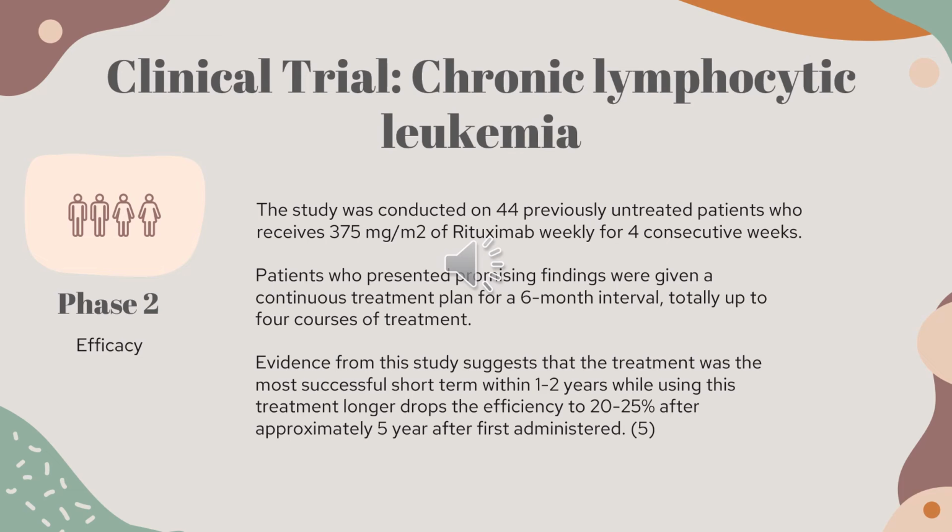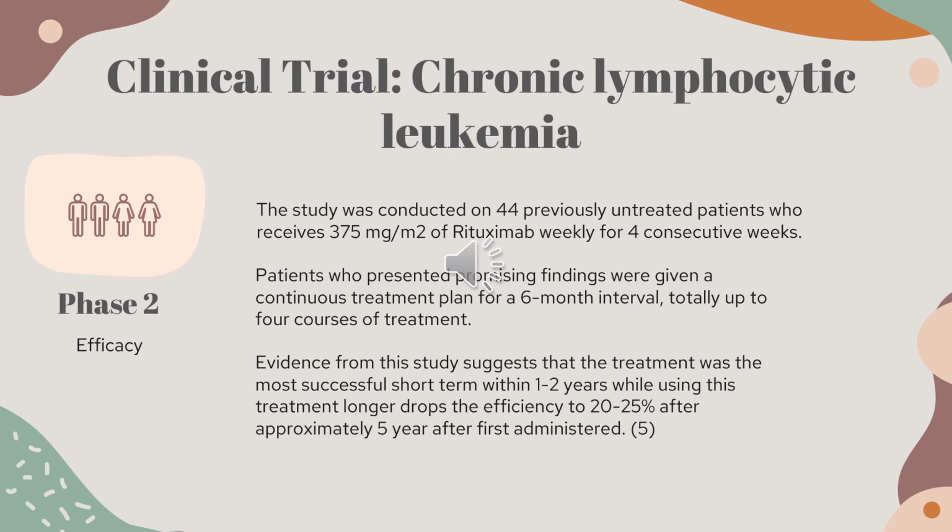In first-line treatment for patients, a phase 2 trial was conducted to test the efficacy of treatment using a single agent of rituximab. The purpose of the study was to assess the efficacy and toxicity of first-line single-agent rituximab, followed by retreatment with rituximab at 6-month intervals in previously untreated patients with chronic lymphocytic leukemia or small lymphocytic lymphoma.